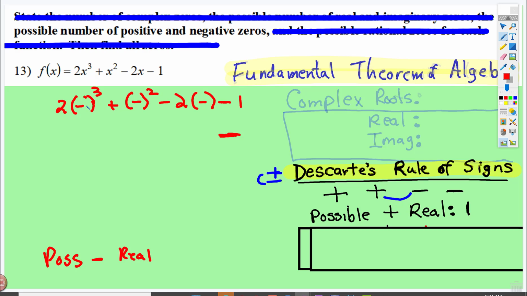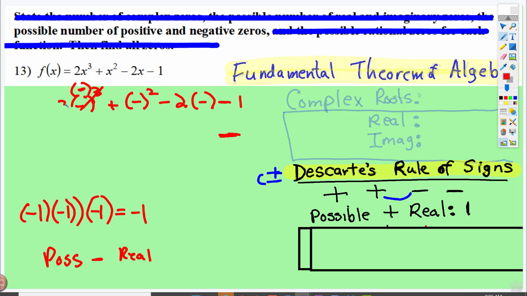But look at what happens when you put any negative number, say negative 1, into a calculator and you cube it. Negative 1 times negative 1 is positive 1. And then when you take positive 1 and multiply it by negative 1, that ends up being negative again. So when you take a negative number and you cube it, it ends up being negative. Negative times positive is negative.